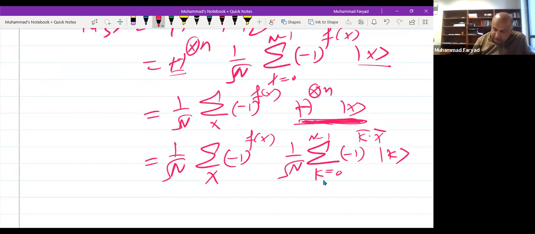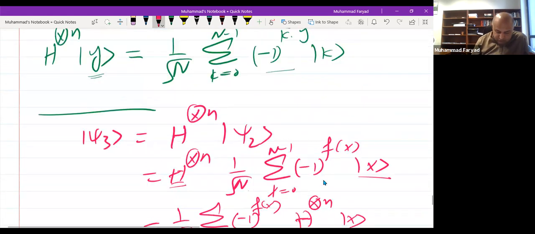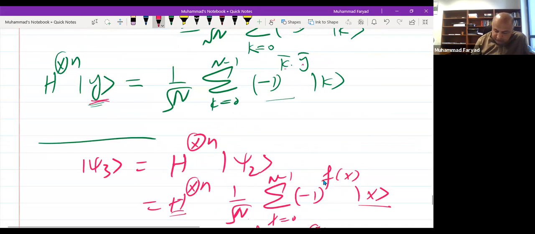Previously the general thing that we had worked out had y, so it was k dot y, and the sum is over k.